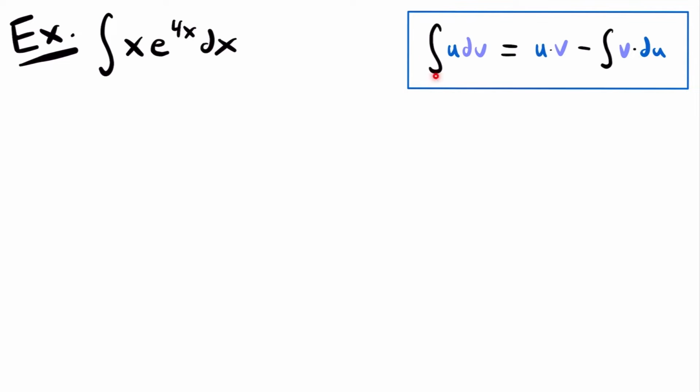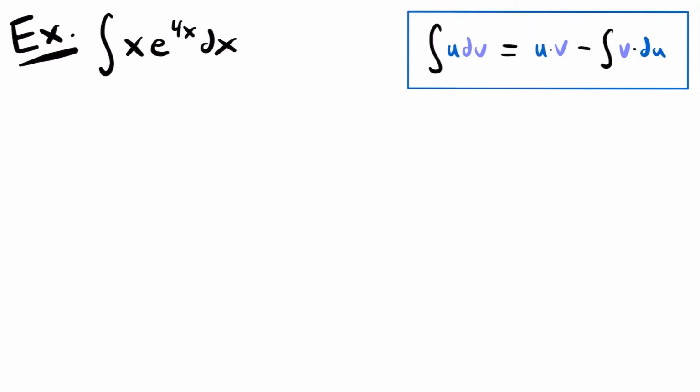This is the integration by parts formula right here. The integral of u times dv is equal to u times v minus the integral of v times du. This side of the formula, the integral of u times dv, corresponds to the integral we are trying to solve. Within this integral somewhere is going to be our function for u, and we're also going to have a function for dv.